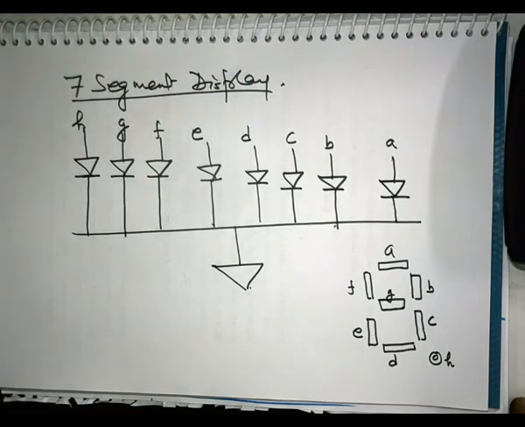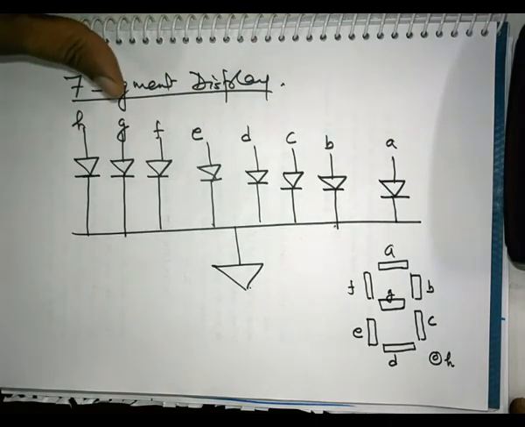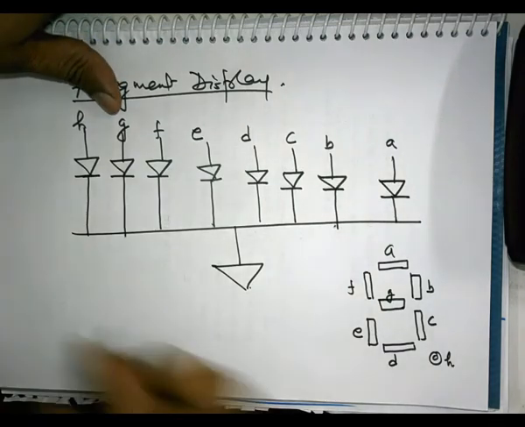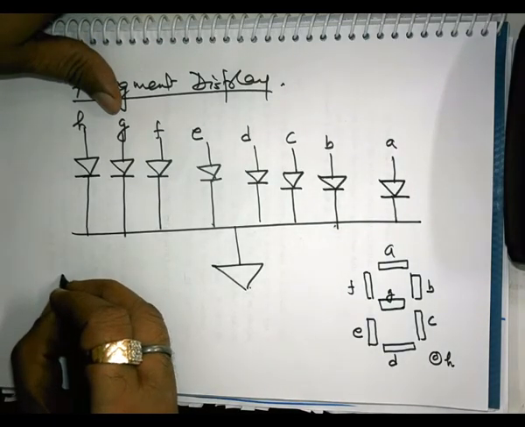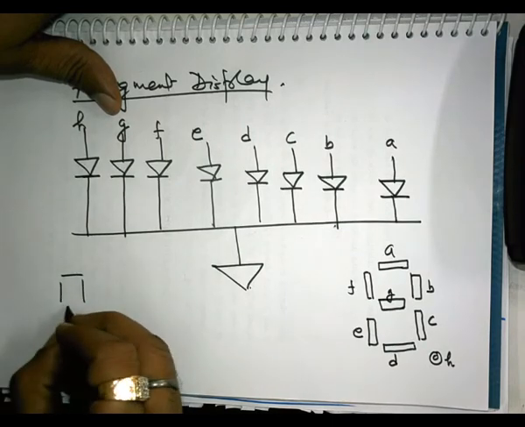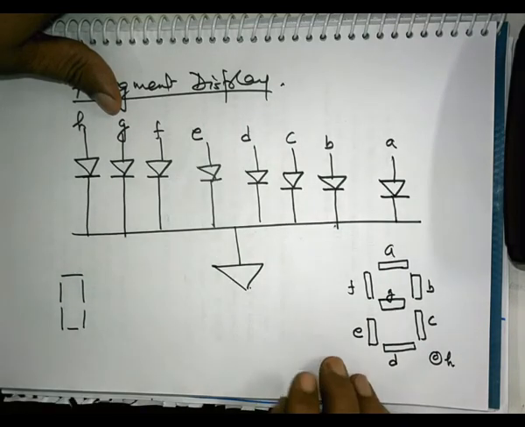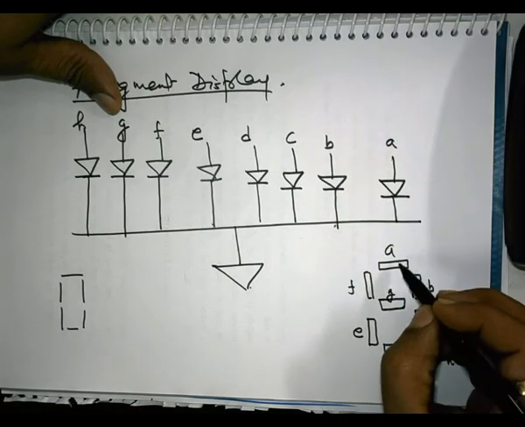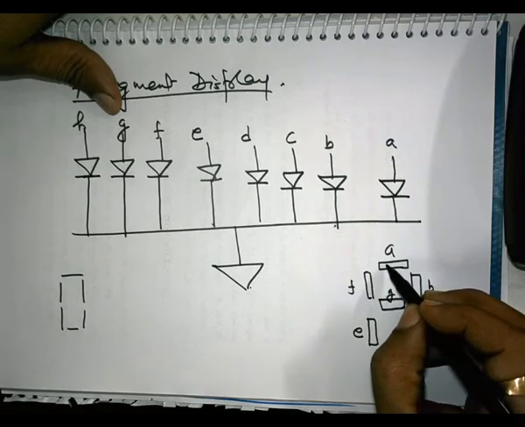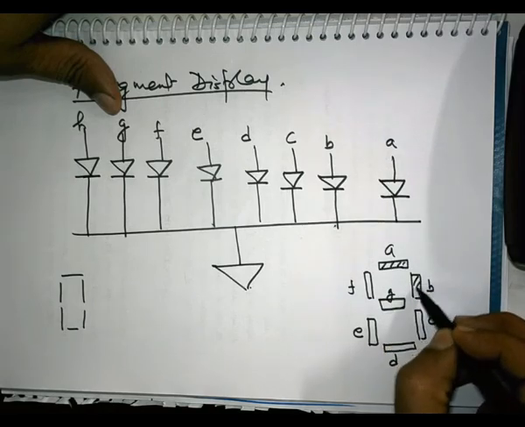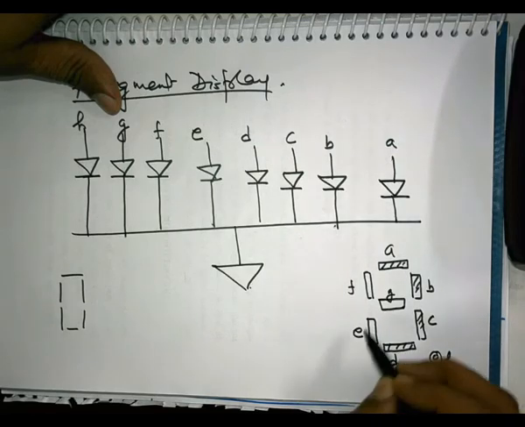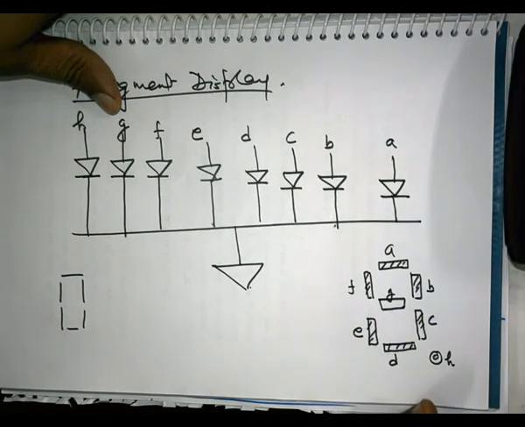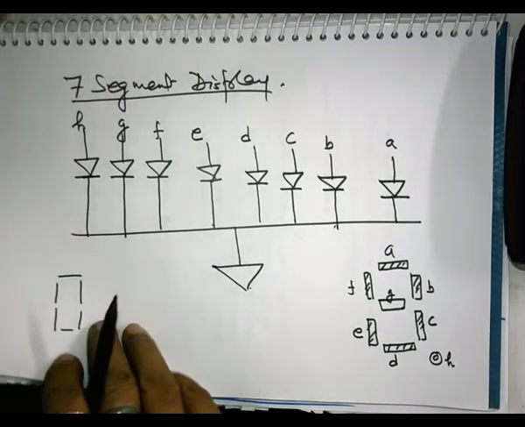Now for certain digit combination, say when I wish to display digit 0, it should be displayed like this. Okay. So which LEDs should light in this situation? A, B, C, D, E and F. Rest of the LEDs should be 0. Okay. So I am now making a table corresponding to each display.